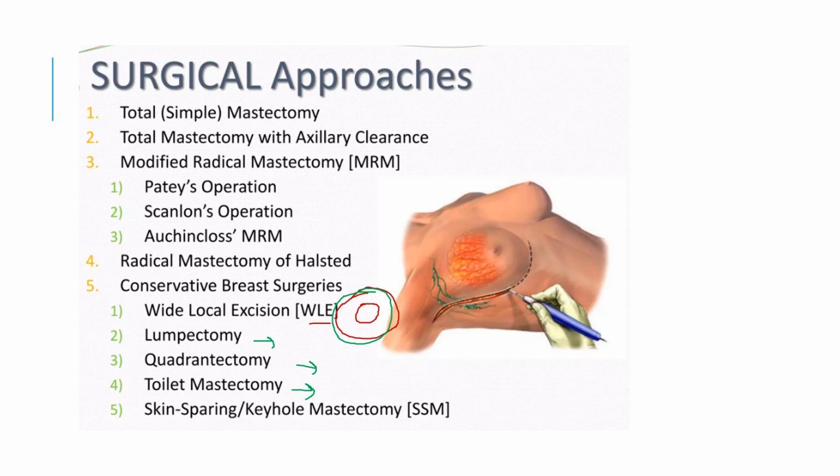Toilet mastectomy is usually a palliative procedure when you can't do a surgery, or for metastatic diseases, if you don't justify doing a surgery and reducing the tumor burden, you can do a toilet mastectomy or skin sparing or keyhole mastectomy. These are different surgical approaches.